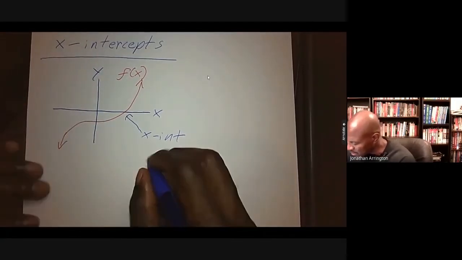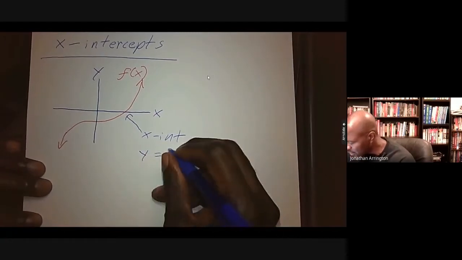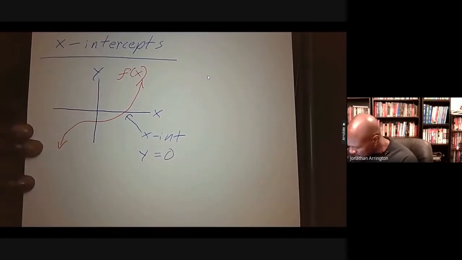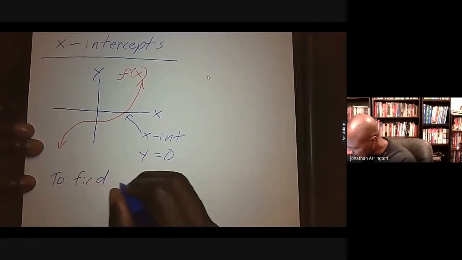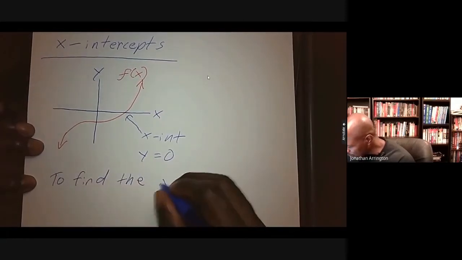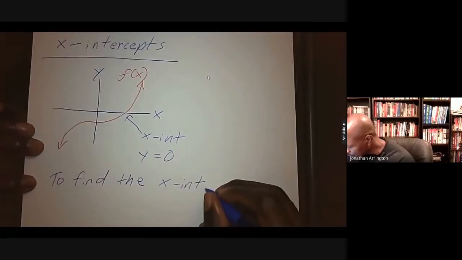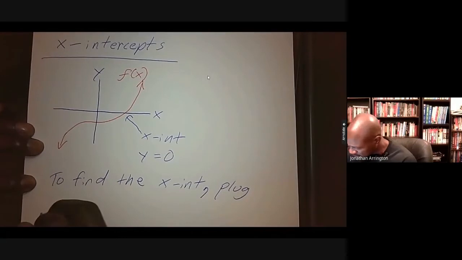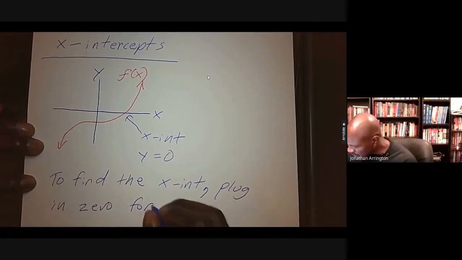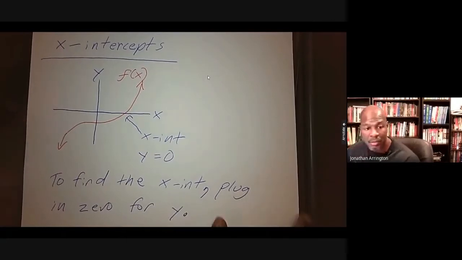And hopefully you'll say y has to be 0. So to find the x-intercept, we're just going to plug in 0 for y. And of course, solve for x.